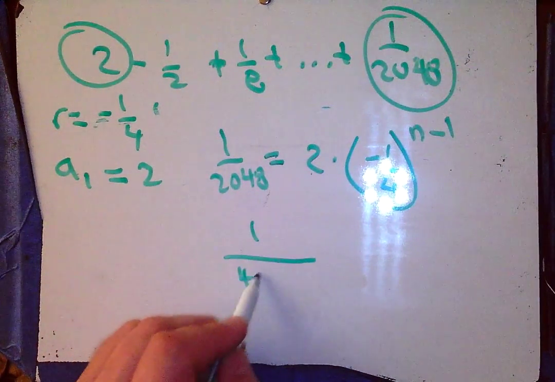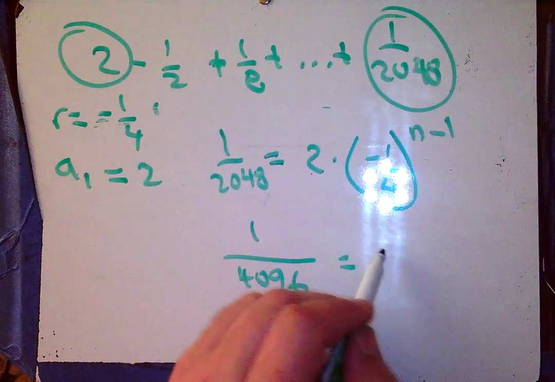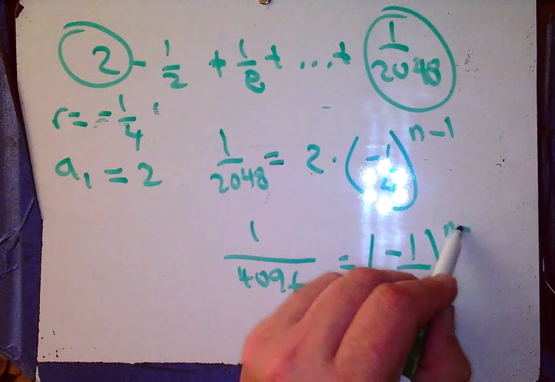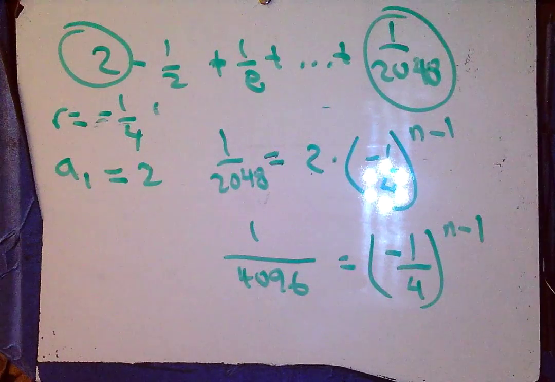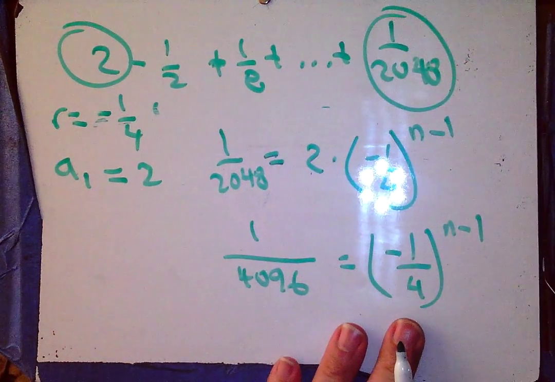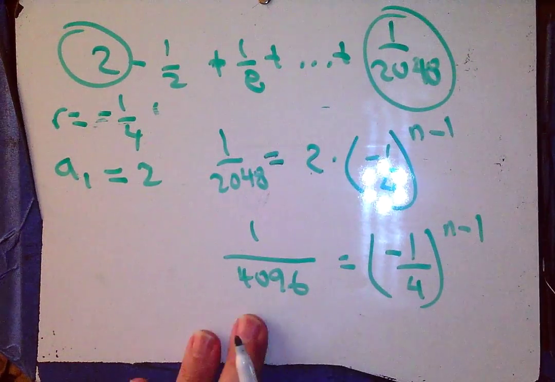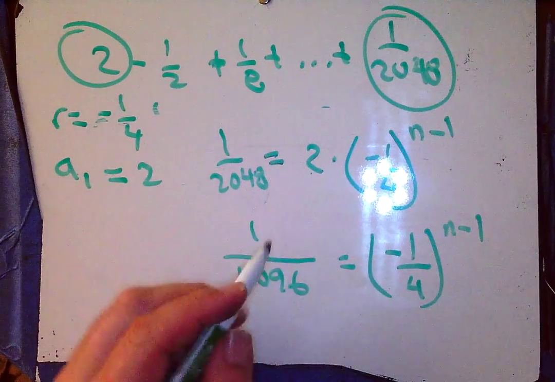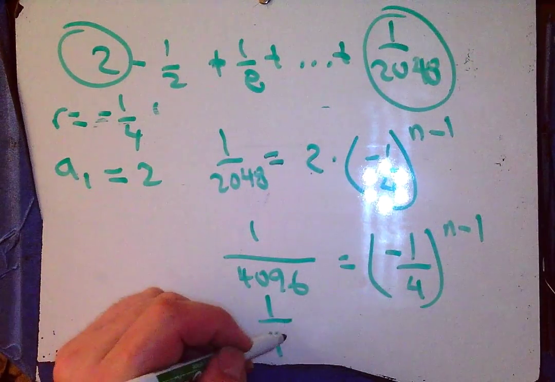And so we get 1 over 4096 equals negative 1/4 to the n minus 1. All right, so I see a base of 1/4, or if you're just looking in the denominator, 4. 4 to the 6th is 4096.